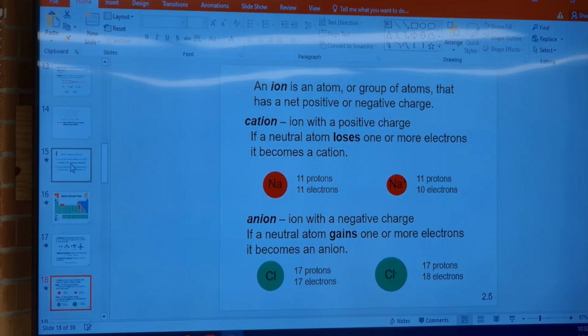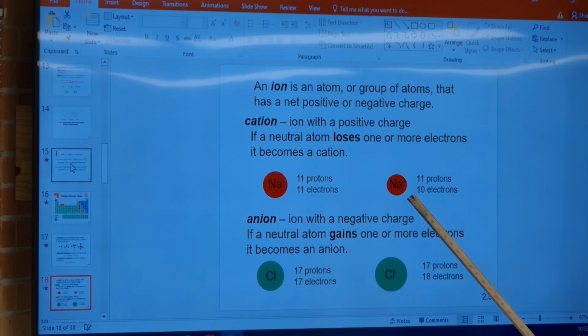By the way, an active metal means it tends to lose electrons, but an active nonmetal means it tends to gain electrons. So when a metal meets a nonmetal, the metal loses electrons, like sodium, which loses 1 electron.